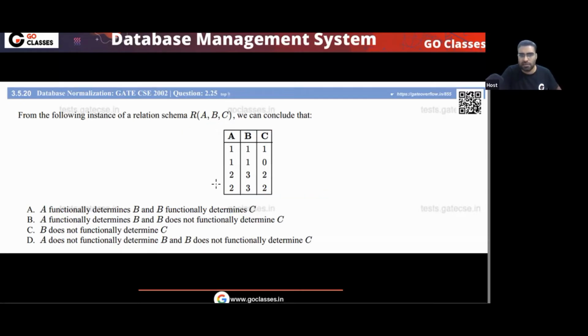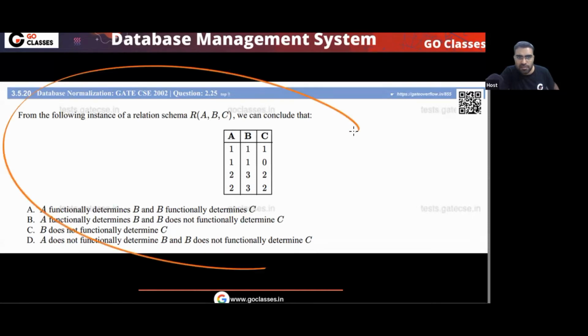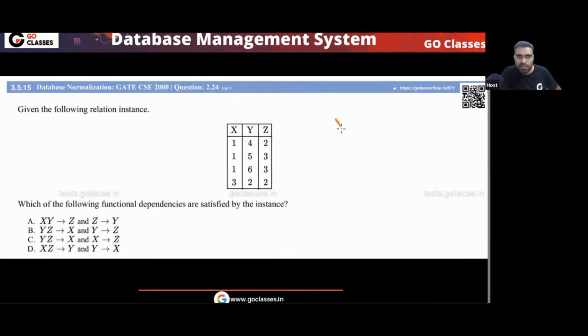No, this is not asking. Please understand the difference between this question and that question. This is your GATE Computer Science 2000 question. In this question also an instance is given. But the question is asking which functional dependencies are satisfied by the instance. Is this clear?